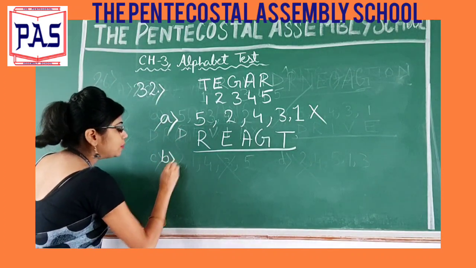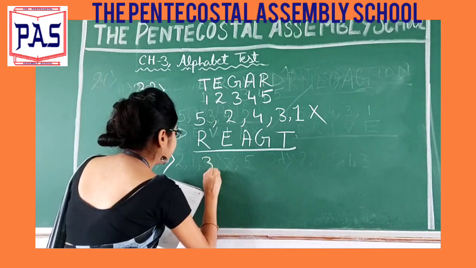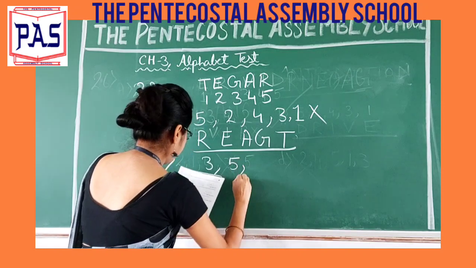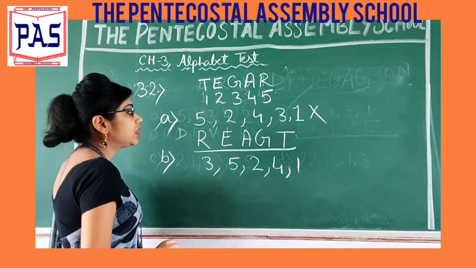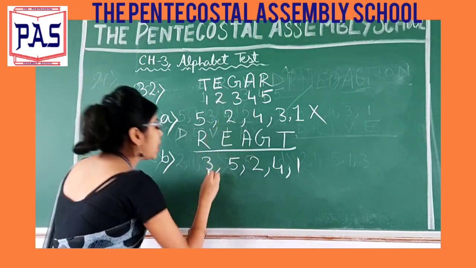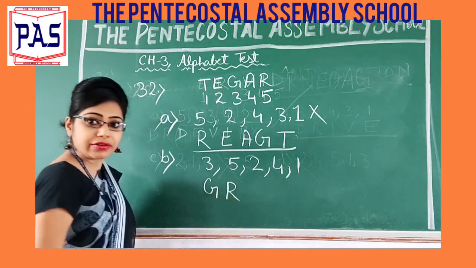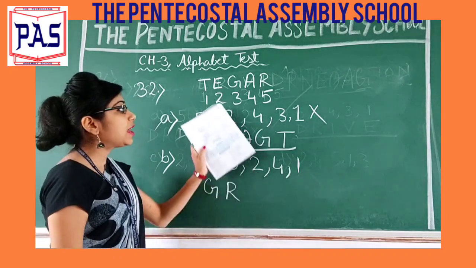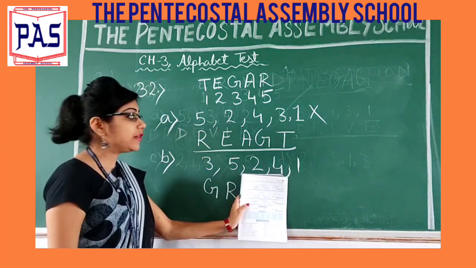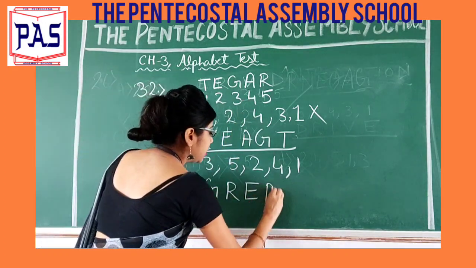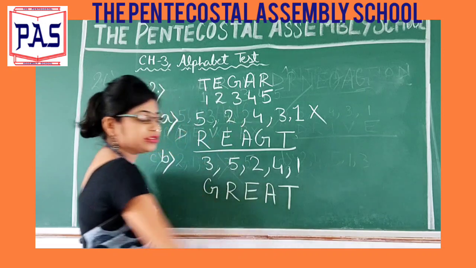Let's check option B. The numbers are 3, 5, 2, 4 and 1. Let's see the letters. On number 3 we have letter A. And on number 1, we have letter D. Great.